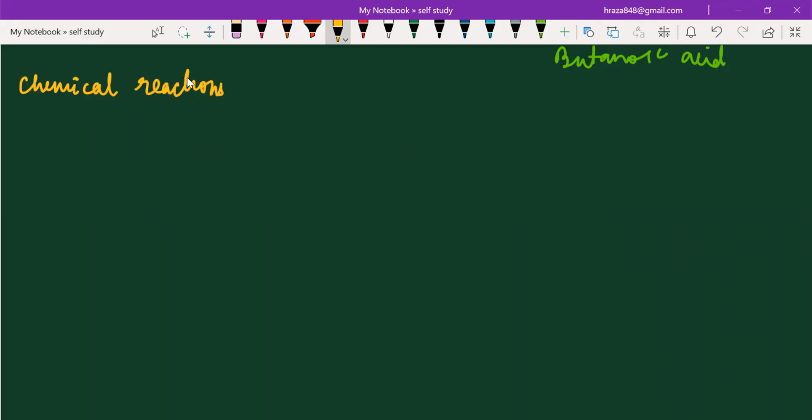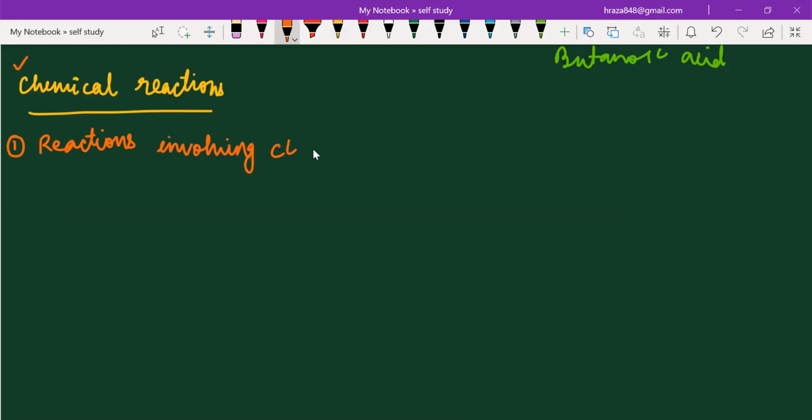Okay. So we are going to start the chemical properties of carboxylic acid, and it is categorized in two parts. The first is reactions involving cleavage of the OH bond.